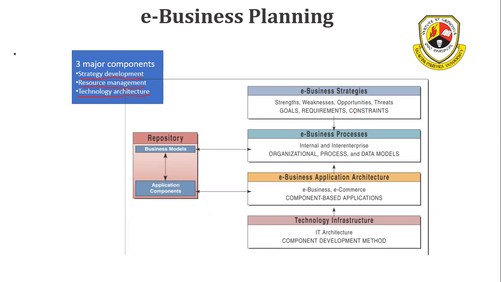So when we look at the strategy itself, we have seen this before, what we focus on. We look at the strengths, weaknesses, opportunities. Then from there, we determine the business processes. What business processes are going to be translated into e-business processes.